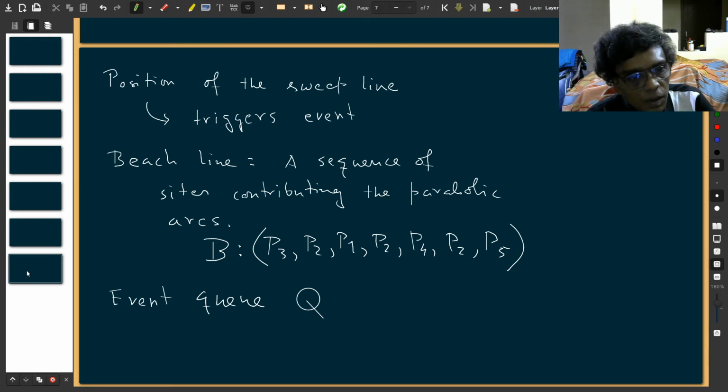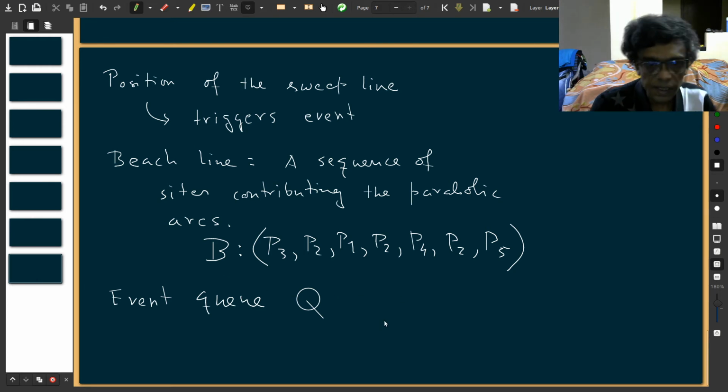Okay, so initially, yeah, this event queue will store two things.